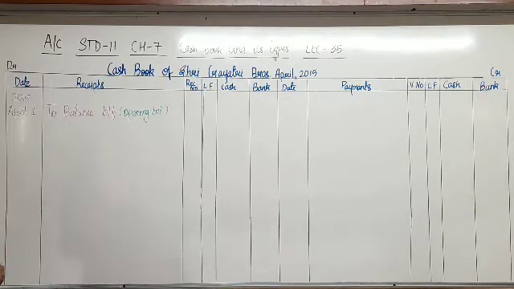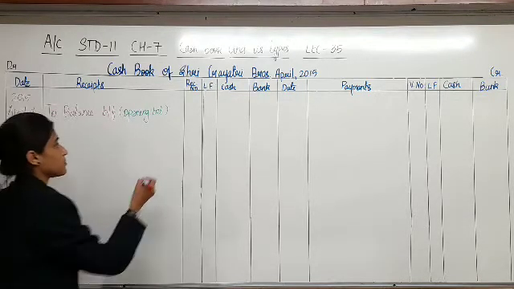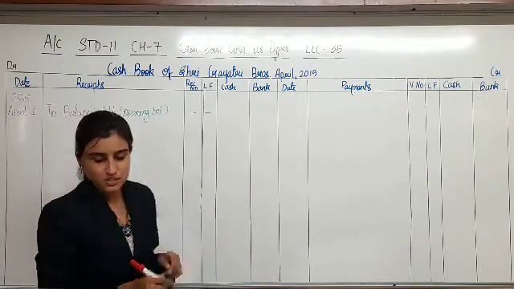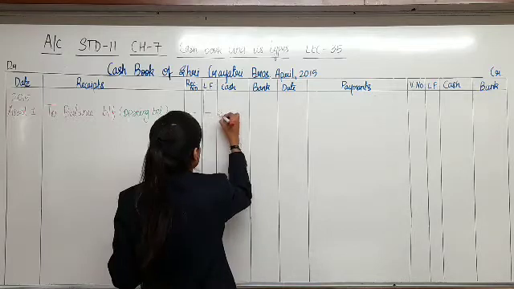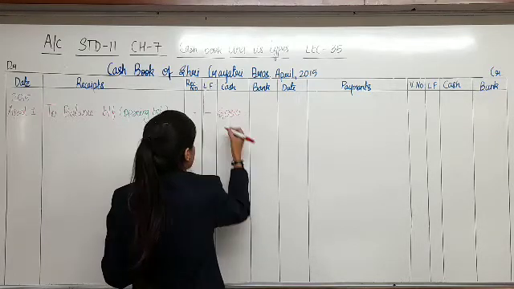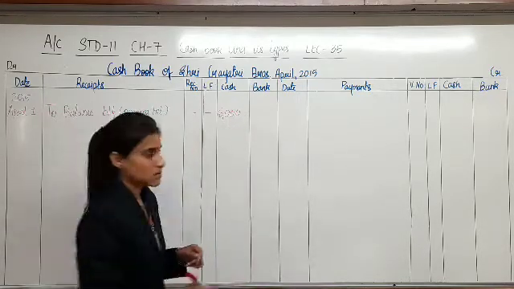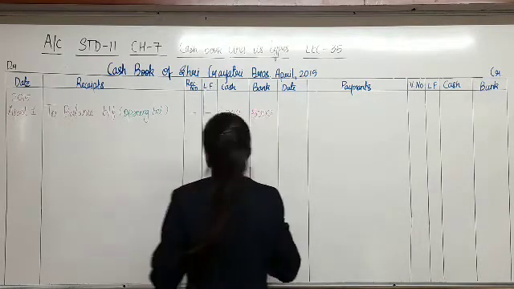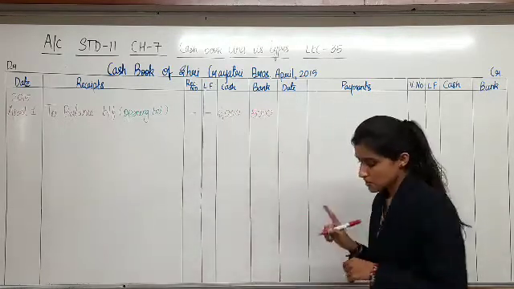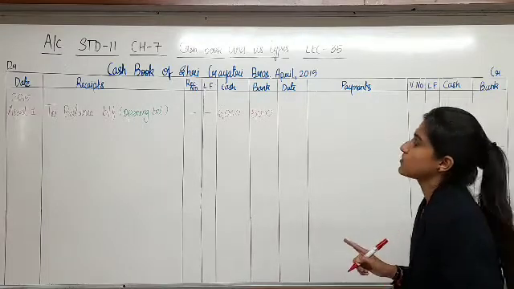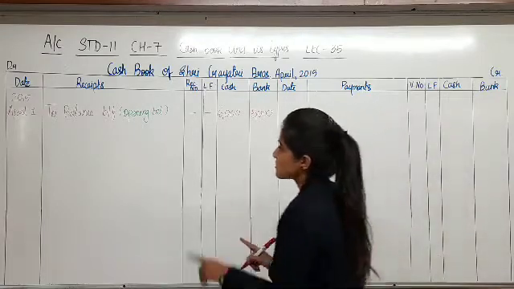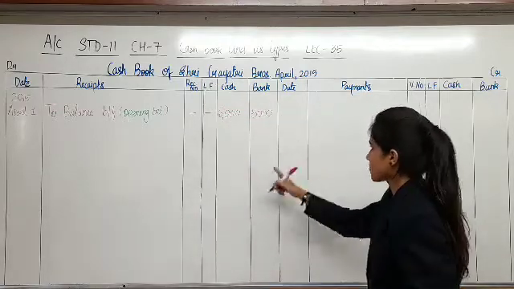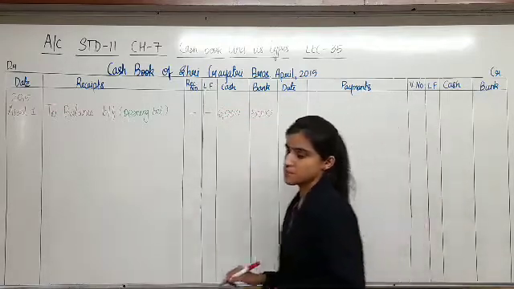Receipt number, major folio, nothing. What is cash balance? 6,000. What is bank balance? 5,000. This simply means that in the beginning of the month of April, on 1st of April, you are having 6,000 cash and 5,000 in bank.